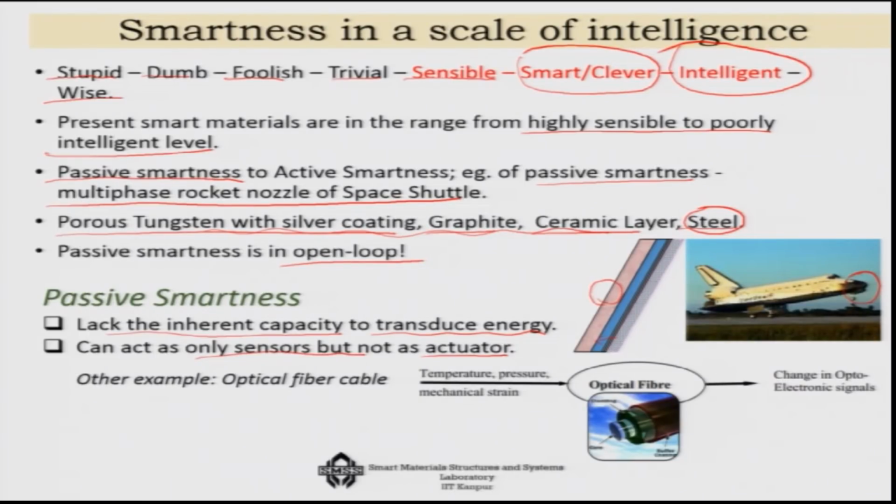Another example of a passive system is the optical fiber cable. If you ever see these TV cables and cut them, you will see that they have several layers. There is a core layer which transmits the optical signal, then a cladding which helps the signal remain inside the core itself.